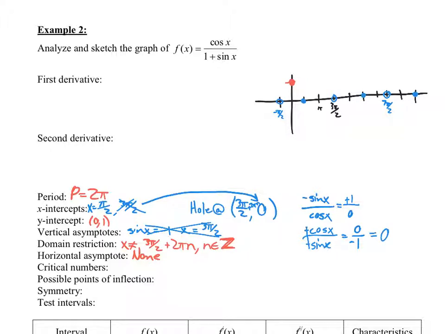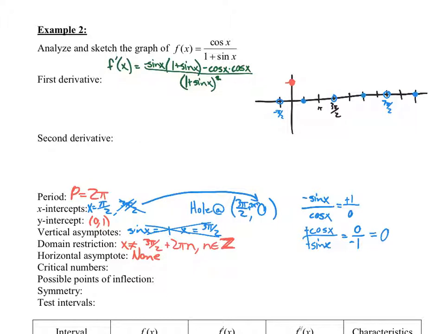So f prime, let's change colors here. f prime of x is going to be negative sine x times 1 plus sine x, minus cosine x times cosine x, all over 1 plus sine x, squared.